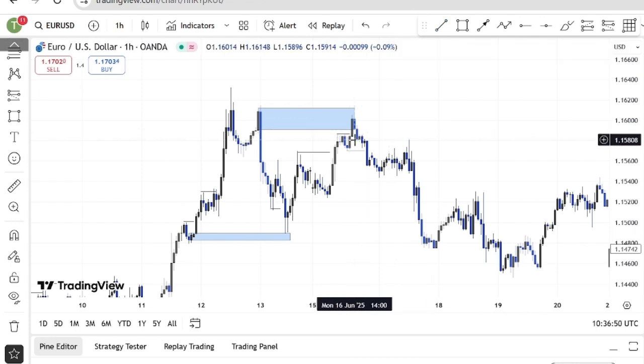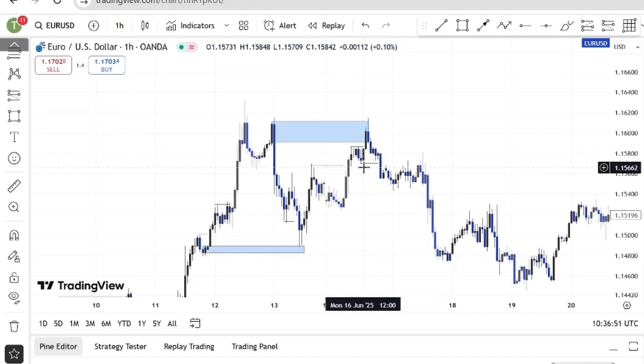So the market taking out this low with a full body close signifies that there is a change of character. So we should be expecting the sellers to continue the trend to the downside.